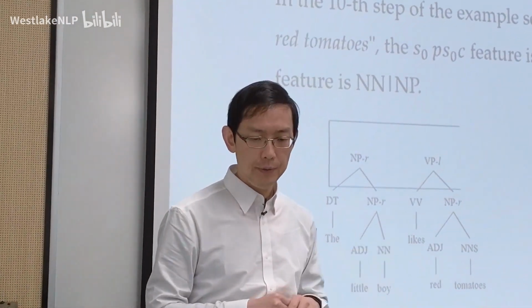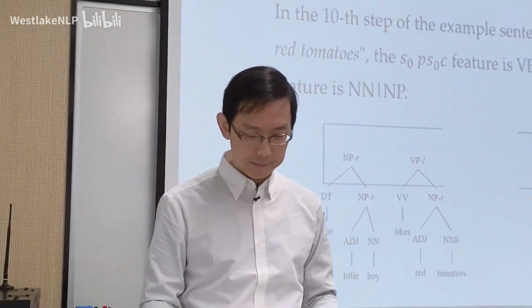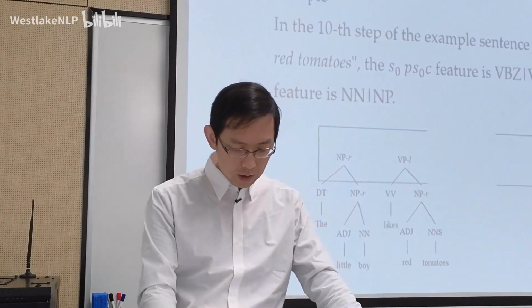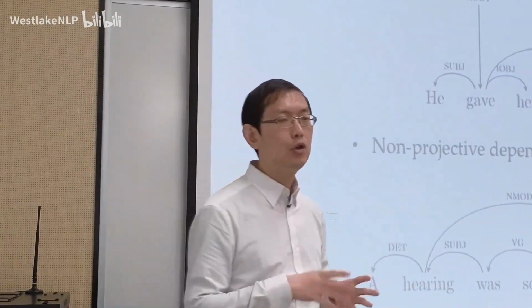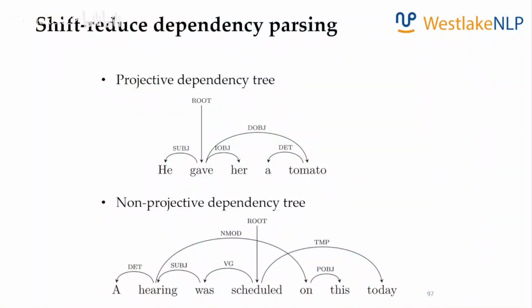Without further ado, let's go through dependency parsing as well. We saw a dependency parser, but we didn't formally denote it. Let's do it now. It turns out that there are different ways to translate a dependency tree into a state transition process. And here, let's look at two. One is called the arc standard parser.